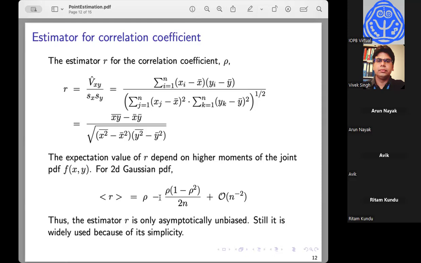That's right, it's asymptotically unbiased. Still, if you do not know the PDF and you want to know the correlation coefficient, you can use this estimator because of its simplicity, even with a finite sample size.